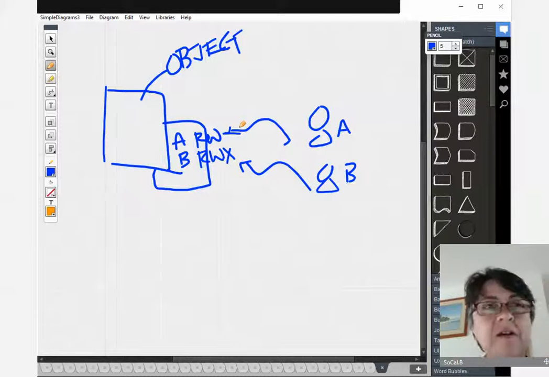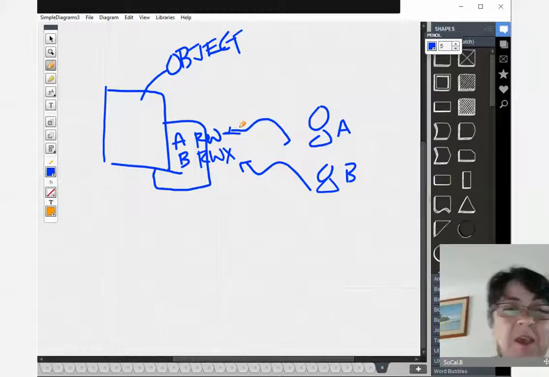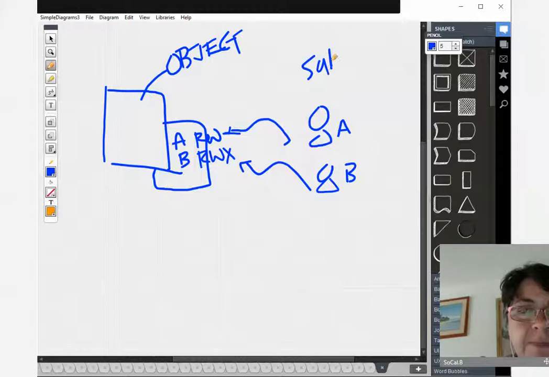It's okay when you only have like 10 people, but if you start having hundreds of people, this can't be done. It cannot be done. So these are subjects, obviously.